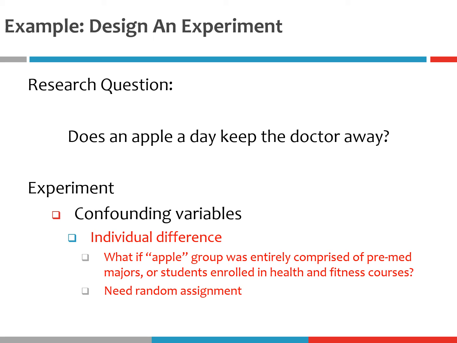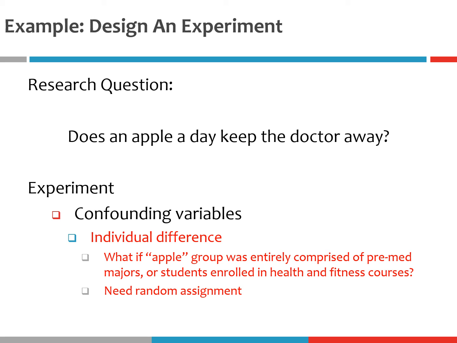I'm not saying this is always the case, right? But it's reasonable to expect that if all of our experimental group was comprised of pre-med majors, we might see less of a difference in health outcomes, or we might experience better health outcomes, not just because of the apple, but because these people are generally more healthy anyway, right?